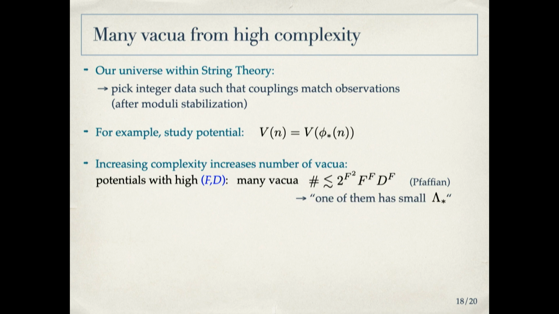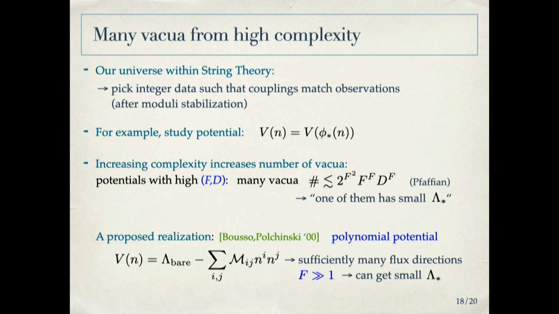That's the spirit sometimes. So a proposed realization is, for example, this Bousso-Polchinski example. Indeed, we have these fluxes, and if we have sufficiently many, then we can make the cosmological constant small. So we have to increase the complexity, but the key point is this is a polynomial.